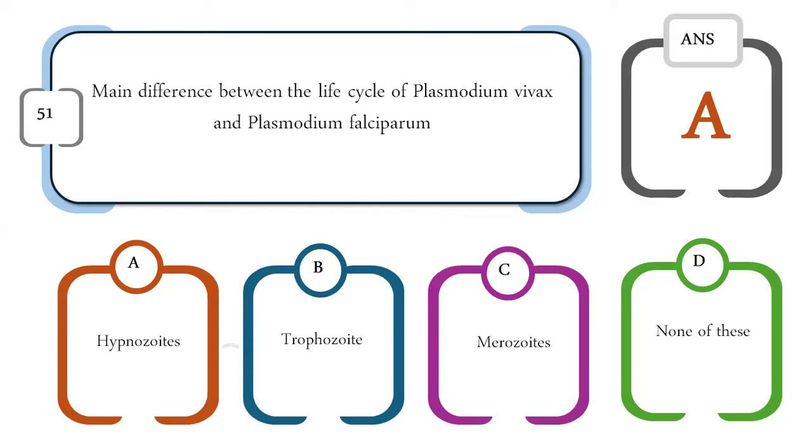These hypnozoites are responsible for relapses in malaria. So we can see relapses in Plasmodium vivax infection, and there are no relapses of fever in Plasmodium falciparum infection. That is the main difference.